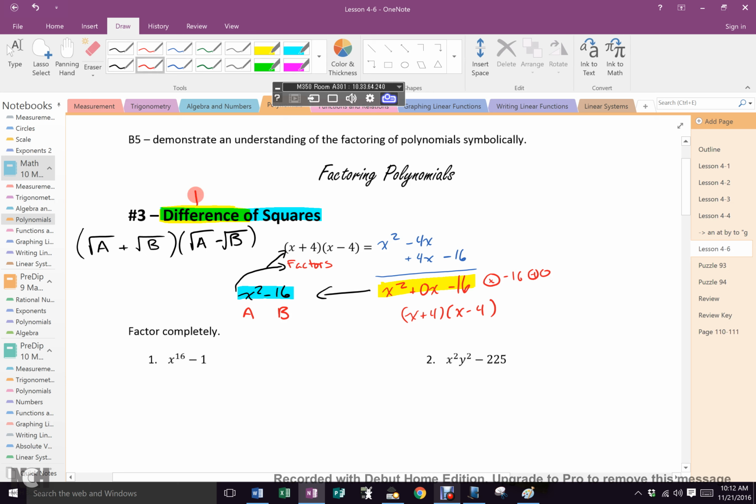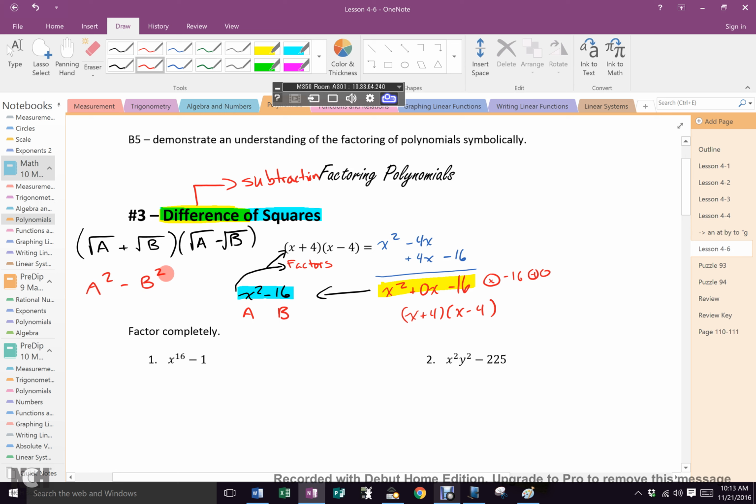What math is difference? Subtraction. So to do this, the plan works if it is a square: anything squared minus any other thing squared.